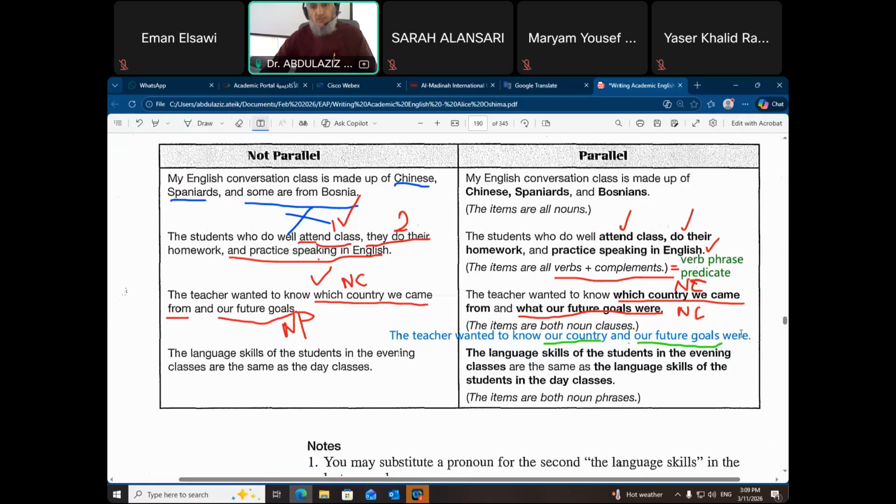I should delete this verb. Okay. So this becomes noun phrase, noun phrase. This is okay, fine, acceptable.